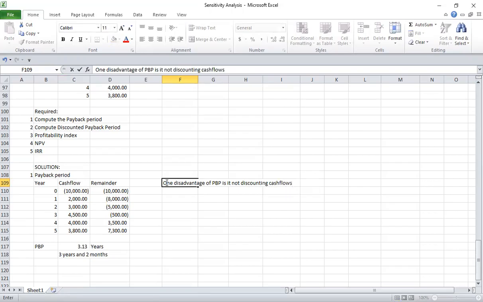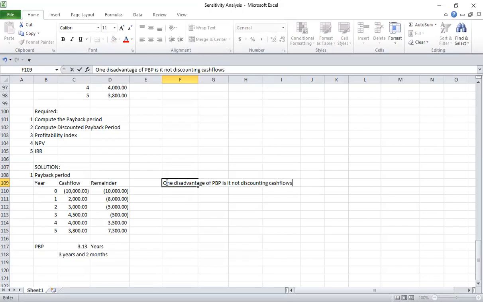Remember, these are normally future cash flows, and so when we work with the future cash flows without discounting, whatever we get is more erroneous. You know, future values are not the same as cash flows today.